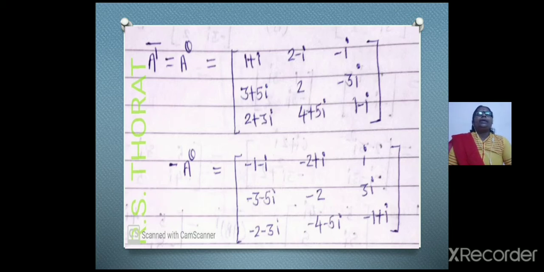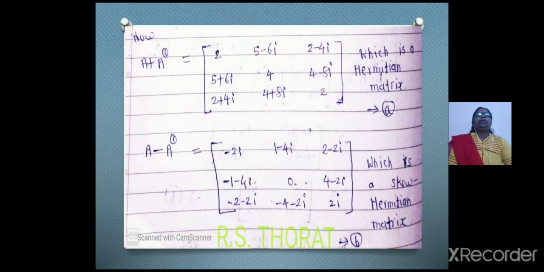Then we calculate minus A raised to theta, that is we take negative of this above matrix A raised to theta. Then we calculate A plus A raised to theta and A minus A raised to theta from above matrices.